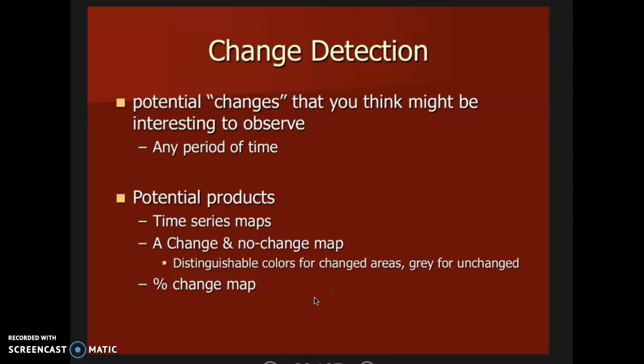You can also create a change, no change map, where you would have specific colors for areas that have changed, and then a specific color, usually a neutral color that doesn't stand out, for unchanged areas, simply showing where there's been change, not necessarily what the change is. And then you can also have a percent change map, which I'm going to show you an example of in a few slides, probably on the next video, just showing the percent of change in a particular area.